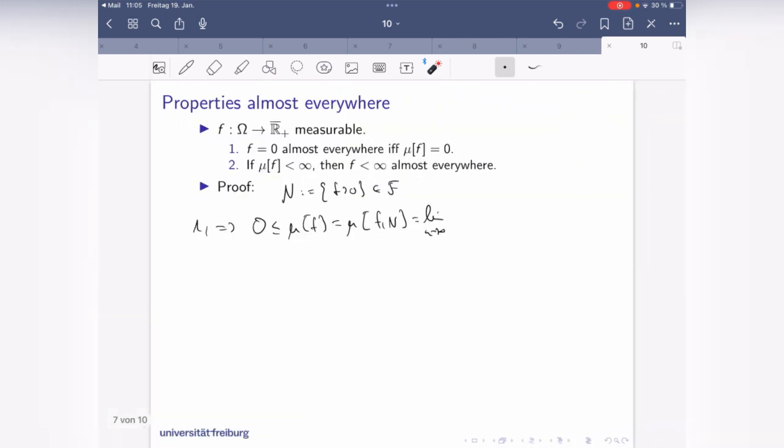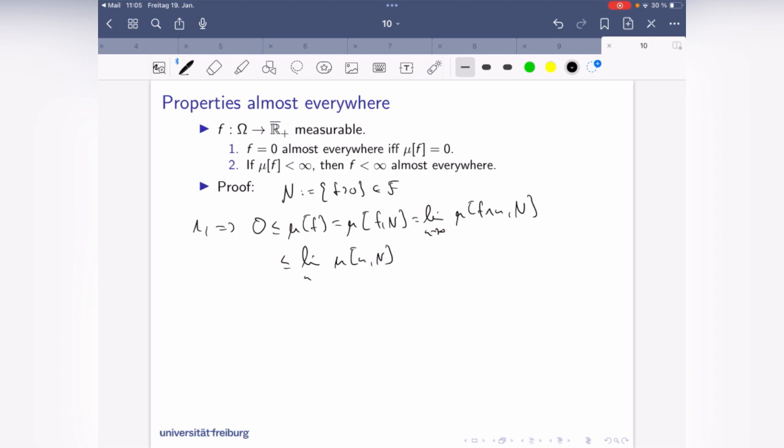That's the same as the limit of mu integrated against f times the minimum of n and the indicator of N, so on the null set N. This here by monotonicity is smaller or equal than mu of n times the indicator of N.